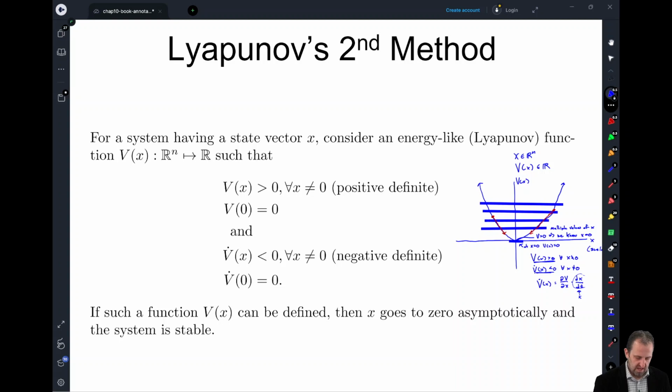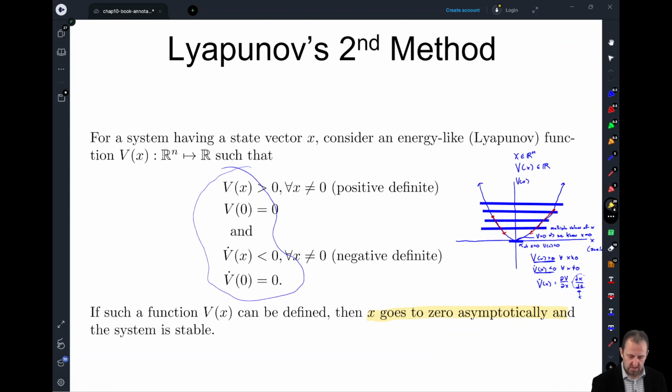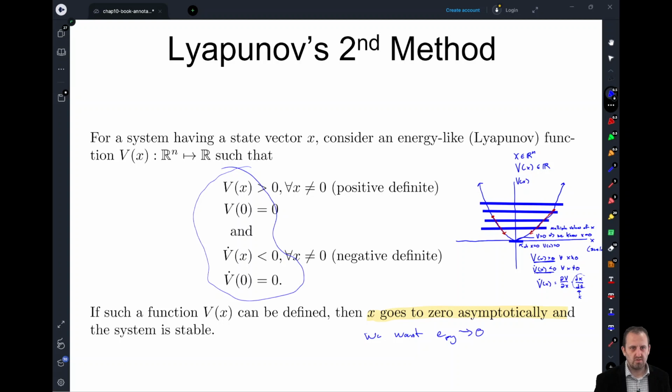But if we can show that we have this Lyapunov function, then we can prove that x goes to 0 asymptotically, which is exactly what we want. We want e_py to go to 0 asymptotically, right? So we'll define a Lyapunov function and show that e_py is going to 0.